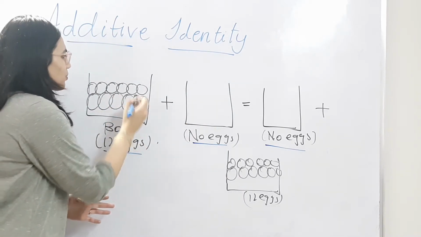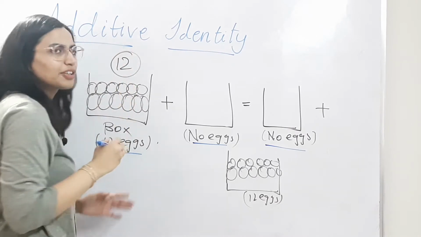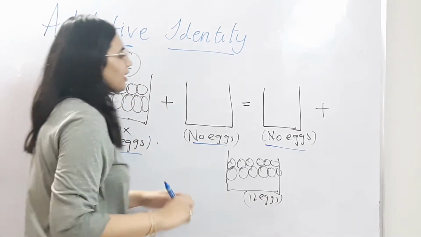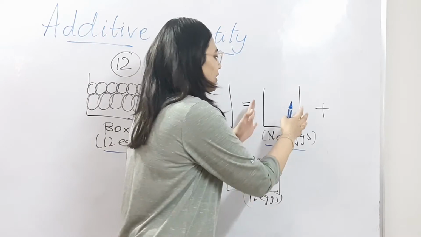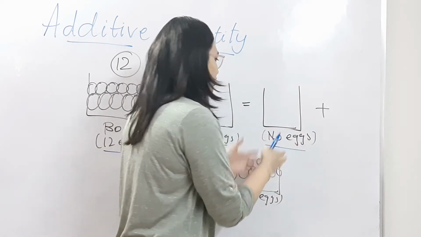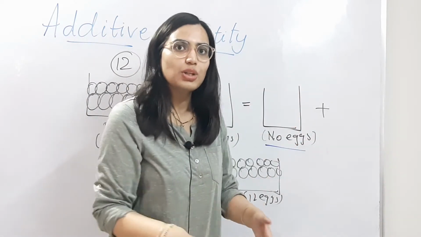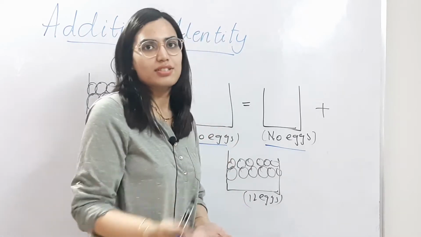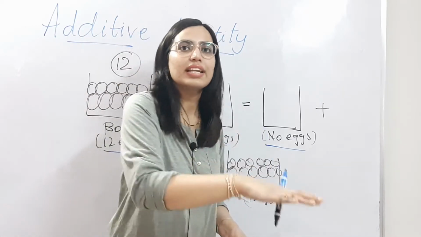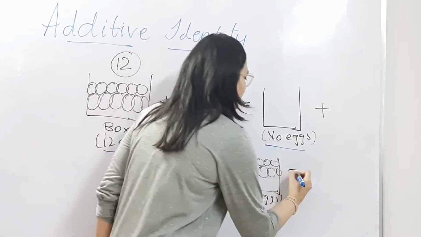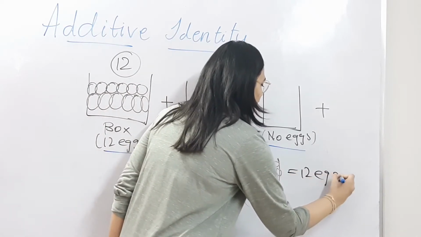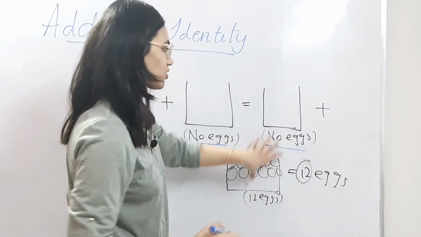So in this box we have 12 eggs in total, right? Now what happens if you take an empty box and if you add 12 eggs to that box, you get the result as 12 eggs only, because we are adding 12 eggs in that box. So ultimately the result is nothing but 12 in this case also.